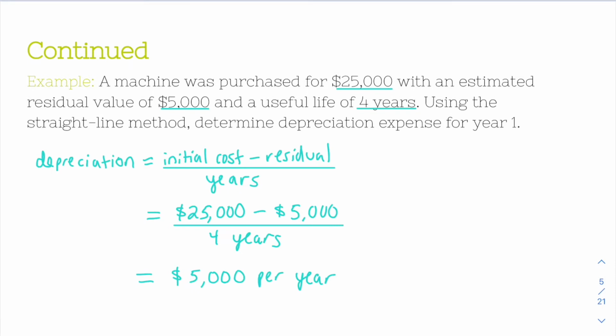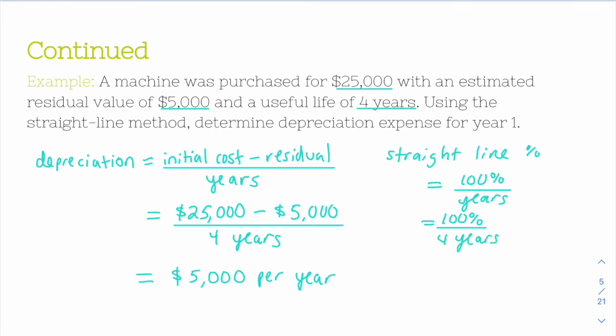So if you wanted to do it that way, your straight line percentage is going to be equal to 100% divided by the years of useful life. So that would be 100% divided by 4 years. So that's 25% a year.